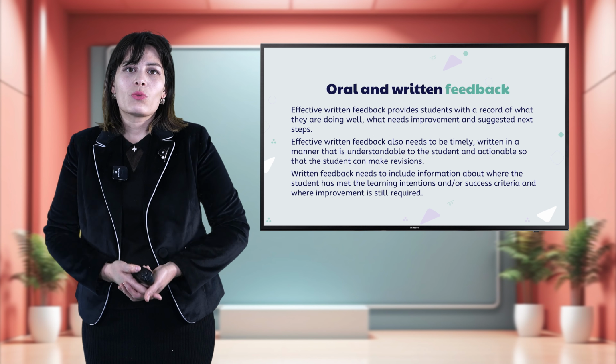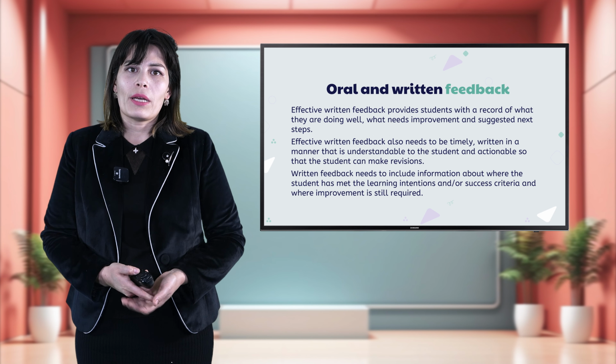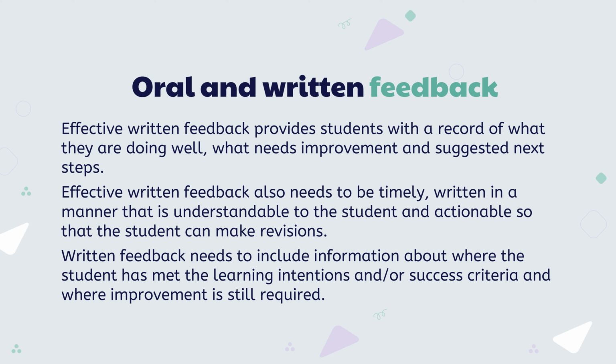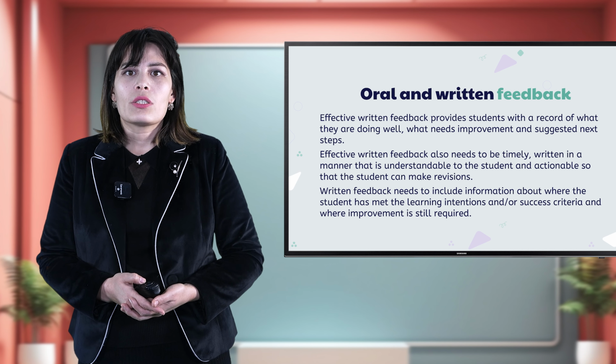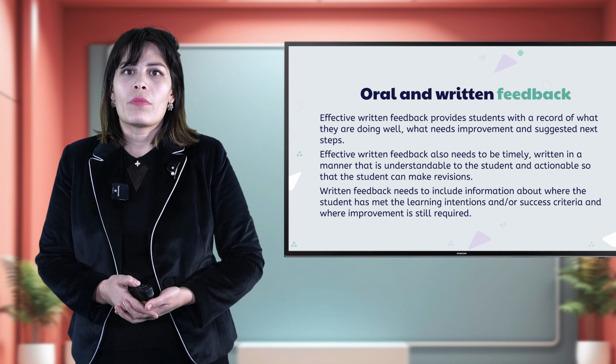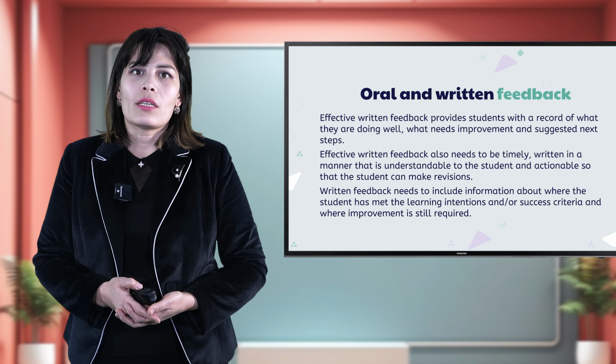The next one is written feedback. Effective written feedback motivates students with a record of what they are doing well, what needs improvement, and suggested next steps. Effective written feedback also needs to be timely and written in a manner that's understandable.